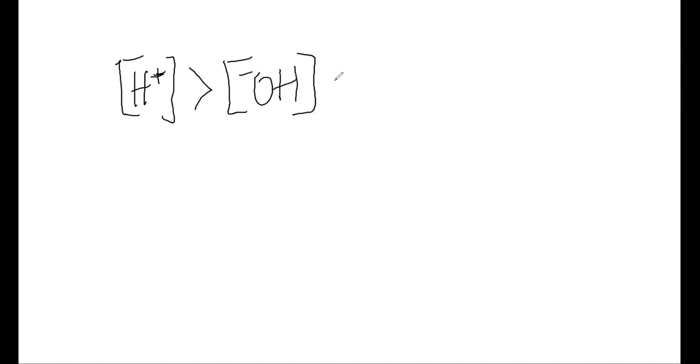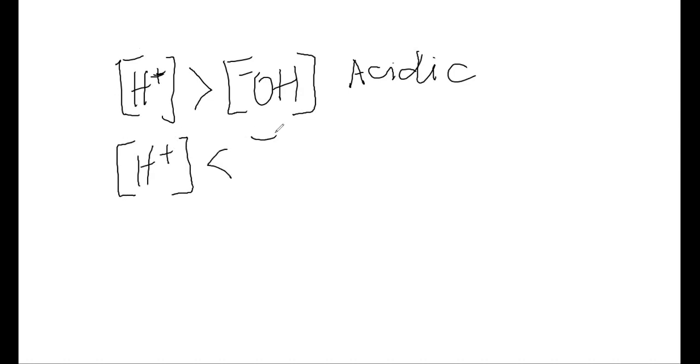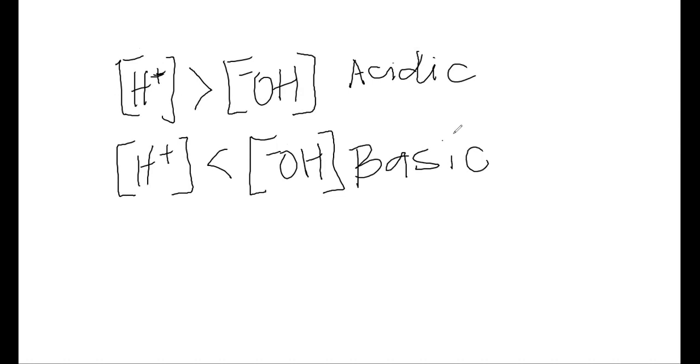If my hydrogen ion concentration was greater than my hydroxide concentration, I'm going to have an acidic solution. And if my hydrogen ion concentration is less than my hydroxide ion concentration, I'll have a basic solution. And again, if they're equal, it's neutral.